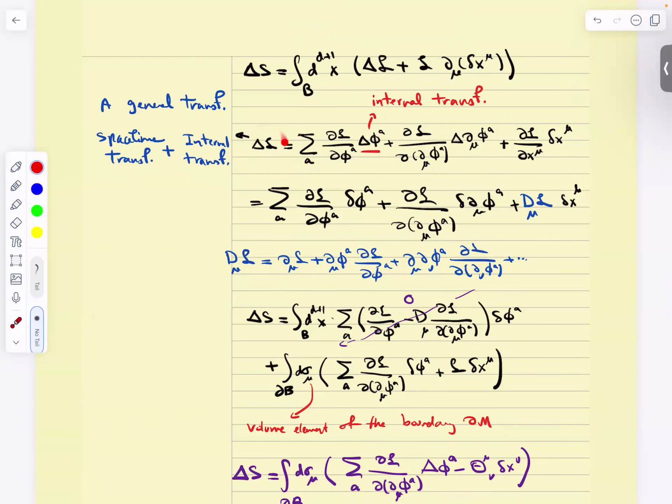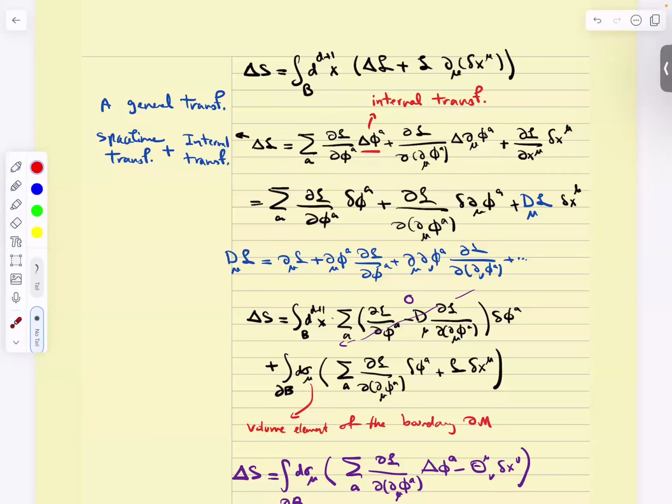So here's delta L. What we have to do is, so the L is a function of phi A, right? And del mu phi A. So as I make a change, I have to talk about delta phi A and delta del mu phi A. So the way it's going to work is if I want to see the total variation of the Lagrangian density, there will be a term coming from the derivative with respect to phi A. This is the internal transformations, for instance.